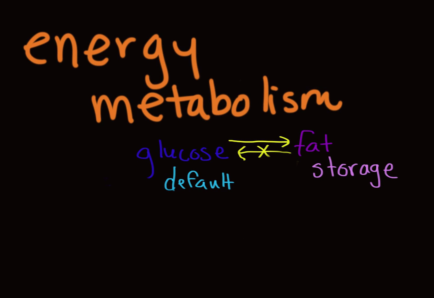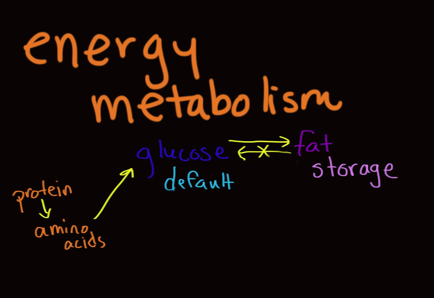However, we said that there are some tissues that really want to use glucose if at all possible, and there are some tissues that can only use glucose. So our body has two solutions for this. First of all, we can actually generate some glucose from protein by breaking it into its constituent amino acids, some of which can be used to produce glucose.